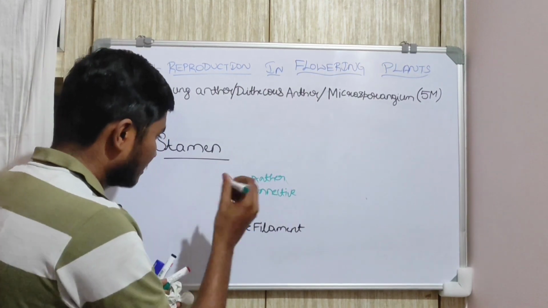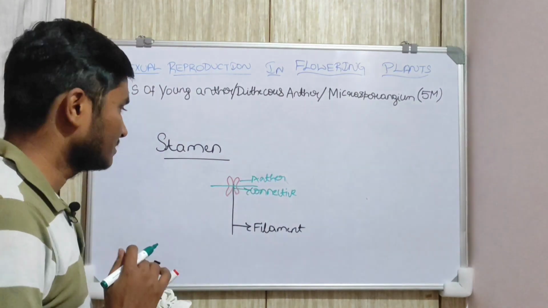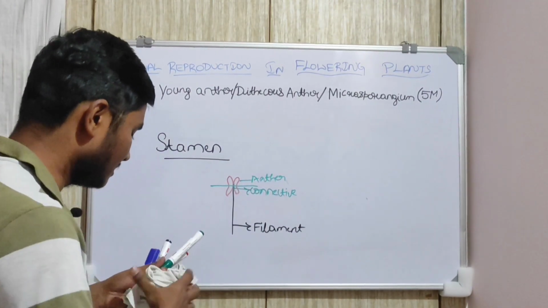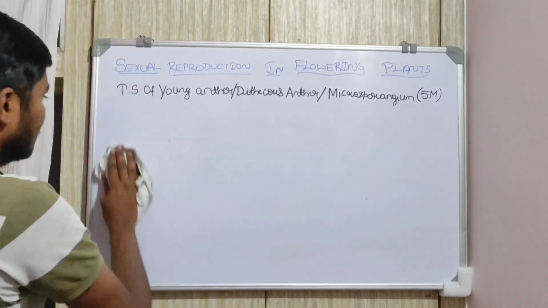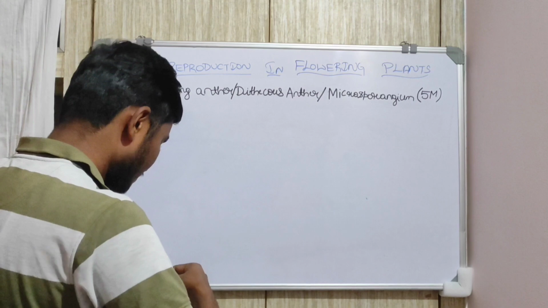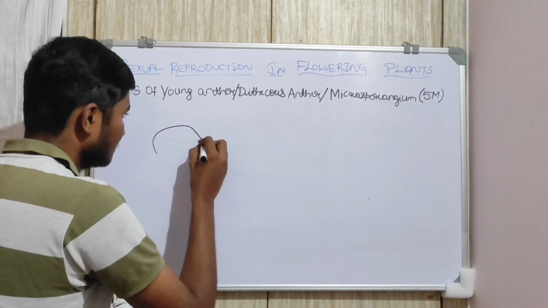When we take a transverse section of young anther and observe it under the microscope, we can see a 4-sided structure.